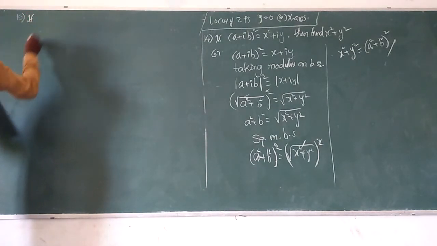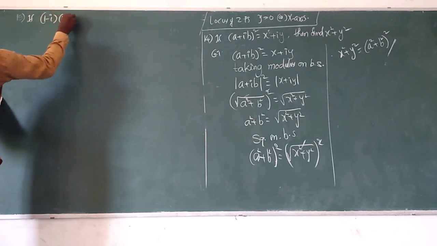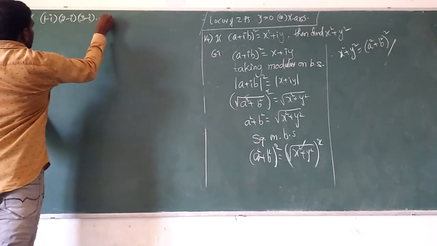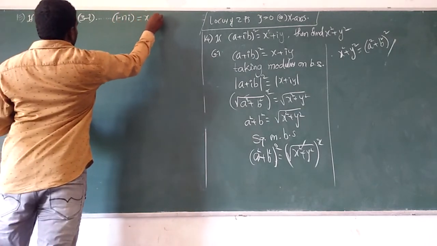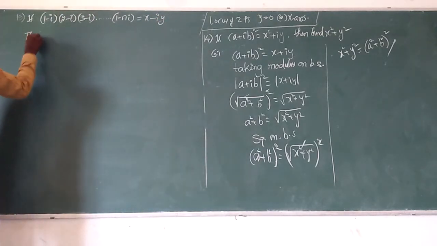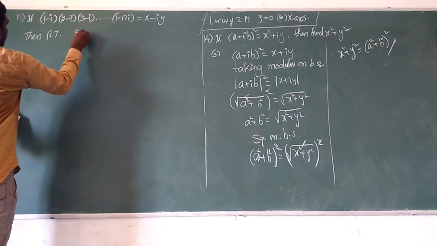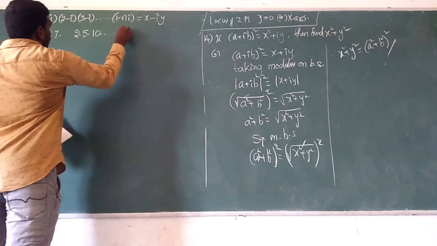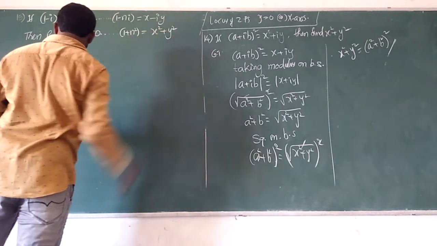If 1 minus i into 2 minus i into 3 minus i and so on up to 1 minus ni is equal to x minus iy, then find 2 into 5 into 10 and so on up to 1 plus n square is equal to x square plus y square.